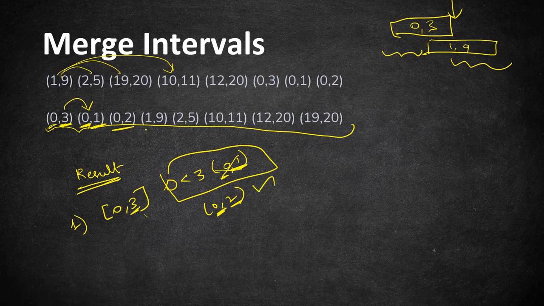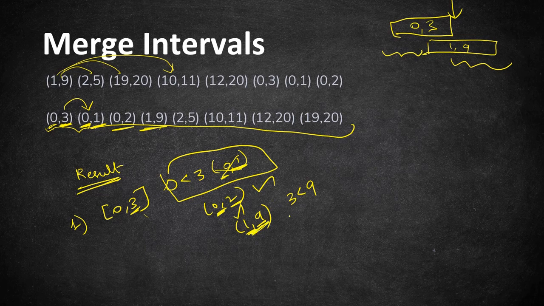Now going to the next value, which is 1 comma 9. Similar to this, we are again checking whether 1 falls within 3, that is less than 3. Yes, it is within 3, so it is overlapping. Now we check whether this interval is within the range or extending after the range. The second value is 9. Comparing 3 and 9, 3 is less than 9, which means the interval 1 comma 9 is extending.